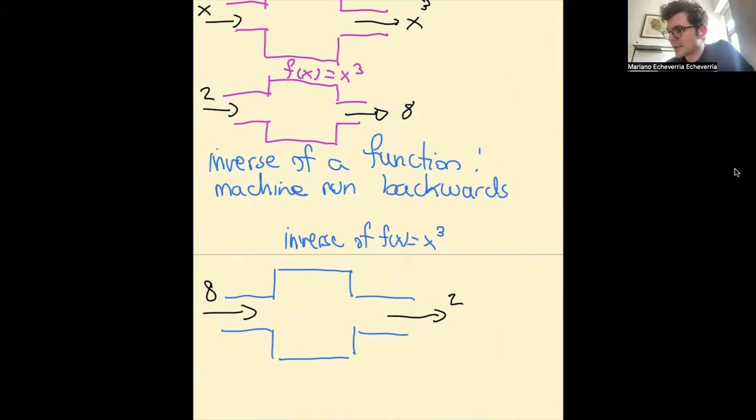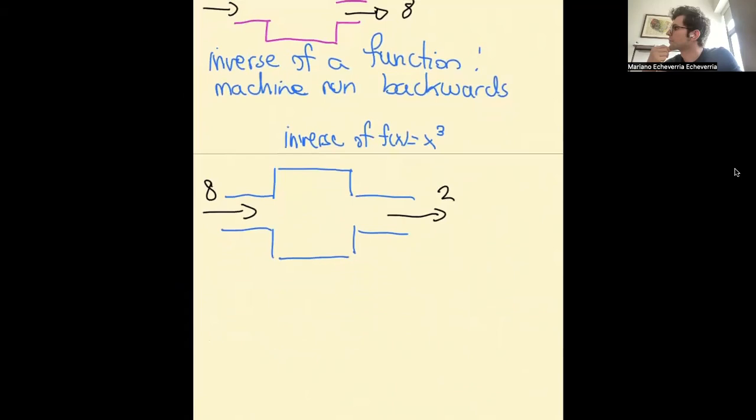So you see, the difference between this one and the inverse is that the output becomes the input and the input becomes the output. Is that making sense? It's reversing the roles of what input and output are. And in fact, there is a name for this inverse function.